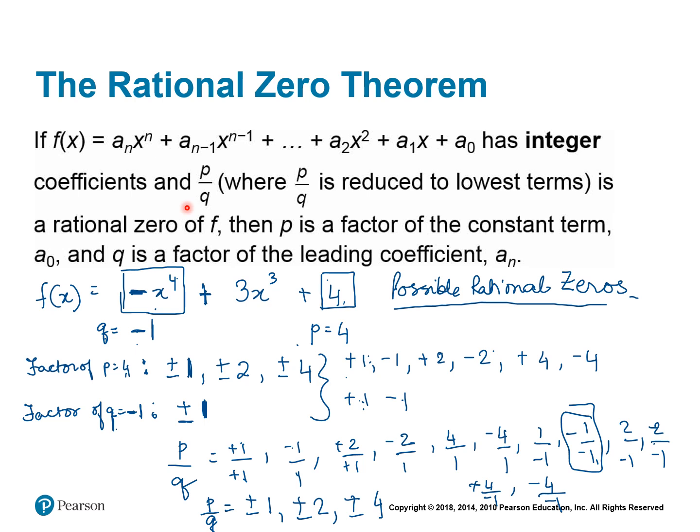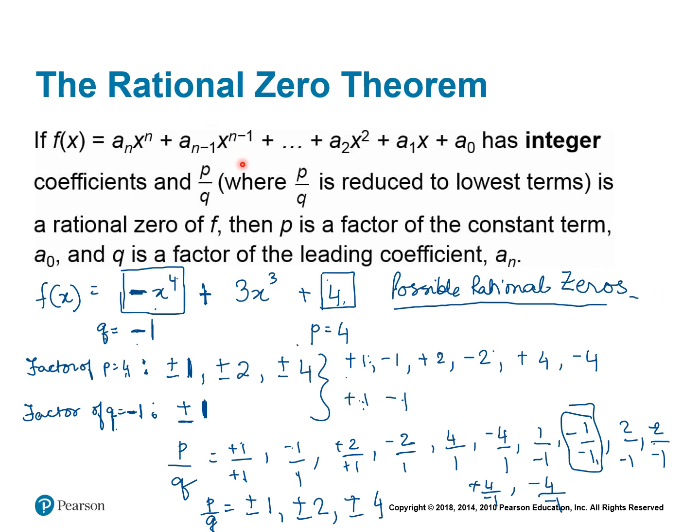We have to work further to pick the exact zeros of the function, but it'll give us a manageable size of possible zeros. Now I have an example written out, and we are going to walk through this example to obtain that possible rational zeros list.